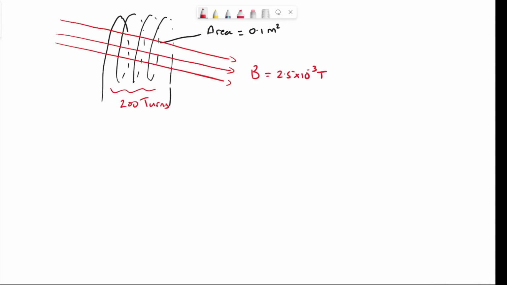As you will notice from the diagram, the magnetic field lines are not at 90 degrees to the surface, and they make an angle of 30 degrees to the vertical. The aim of this example is to calculate the flux linkage through the coil.